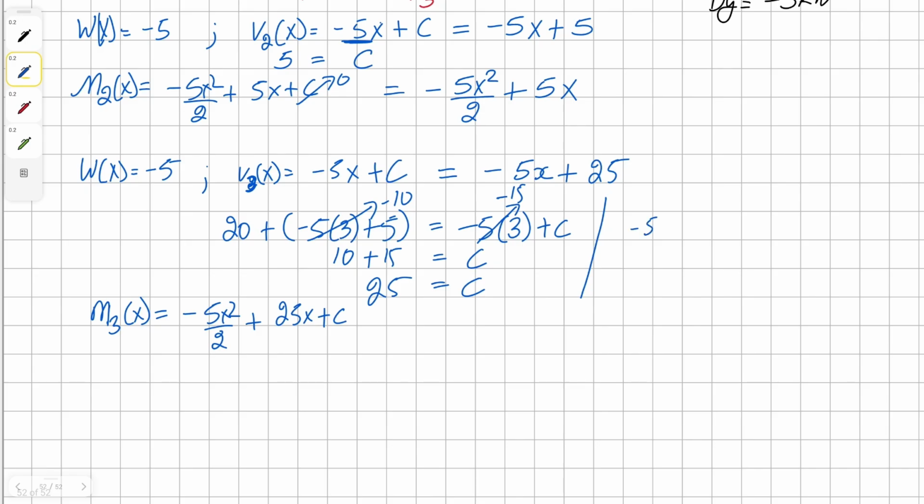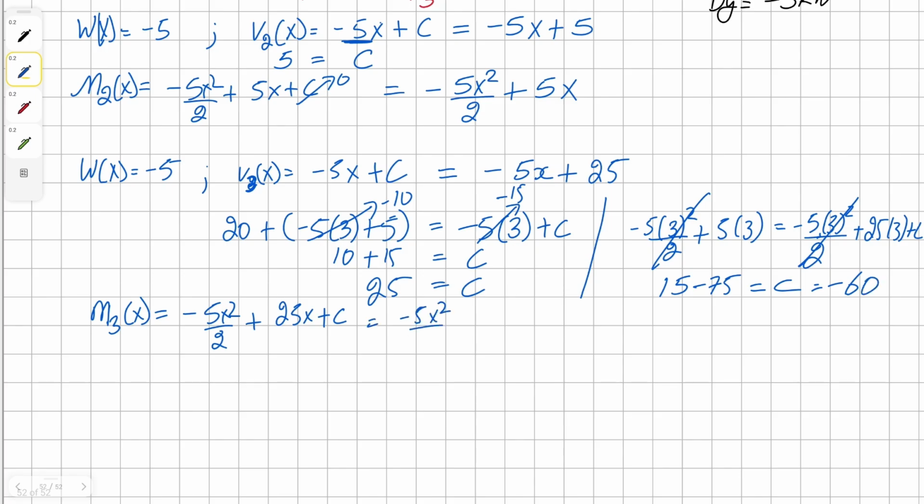So we have negative 5 times 3 squared divided by 2 plus 5 times 3. And on the other side, we have negative 5x squared divided by 2, but x in this case is going to become 3, and then plus 25 times 3 plus the constant. So this cancels out. We are left with 15, and 25 times 3 is 75, which goes to the other side as the constant. So our C is 15 take away 75, which is negative 60.